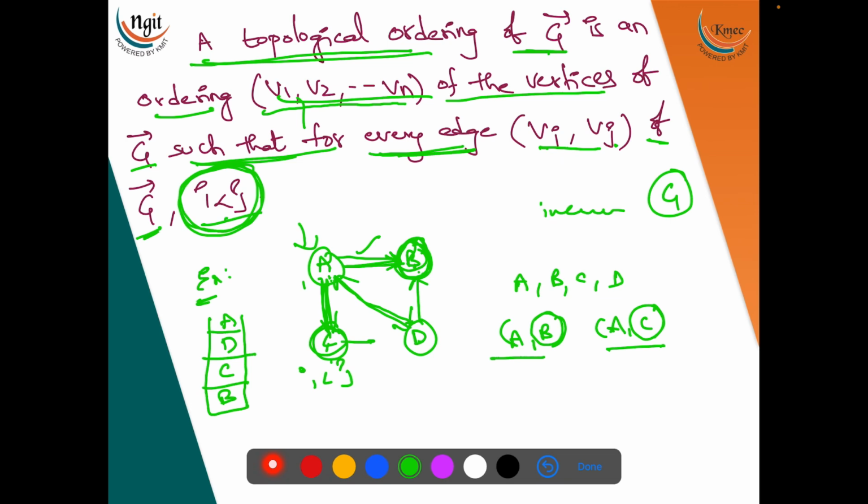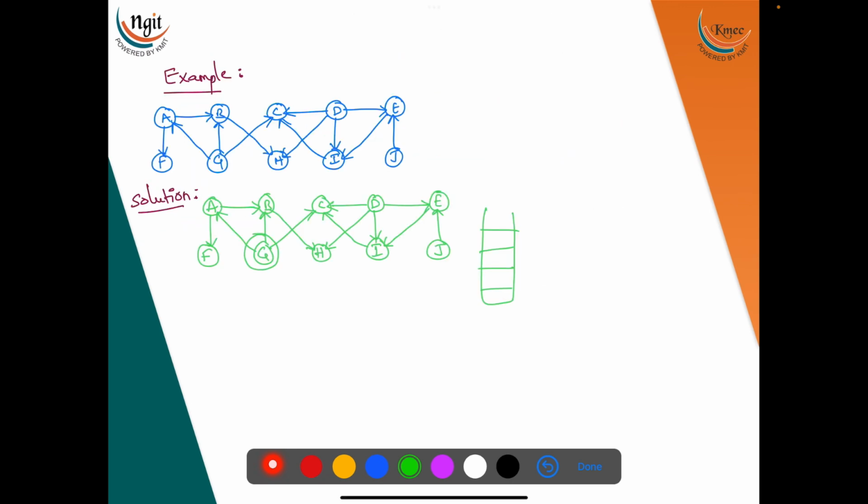Now we'll take some example and we'll find out the topological ordering for a particular graph. Now this is the example. So what we are going to do is, we'll begin from vertex G. Now this is the starting vertex.